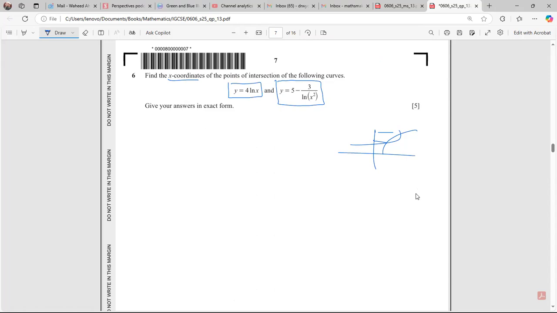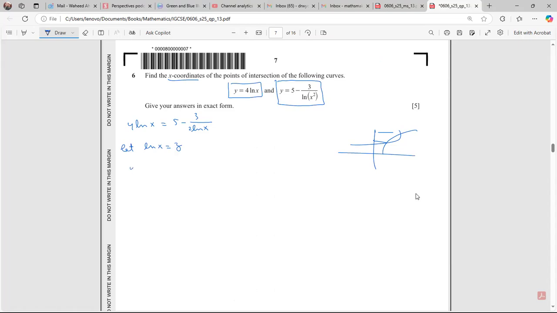So in order to find the x coordinate of the point of intersection, we need to equate these two expressions. So 4 log x must be equal to 5 minus 3 over log x square. So log x square can be written as 2 log x, right? I will substitute log x by z, let's say.